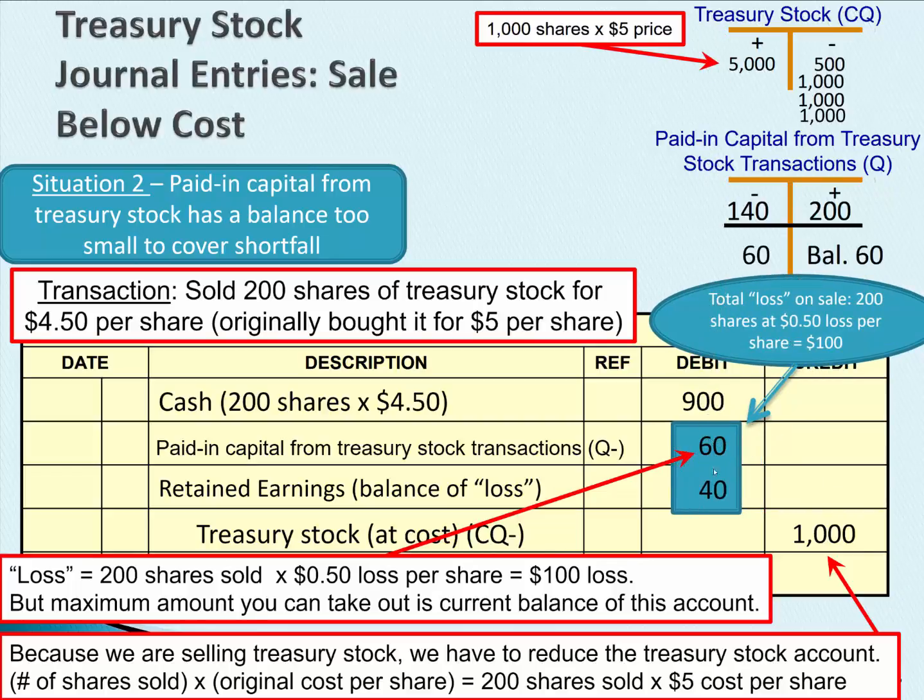So notice the 60 and 40 represents the $100 loss that we had. So retained earnings is going to be lowered. So that's how Treasury stock transactions are done when you are selling below cost.